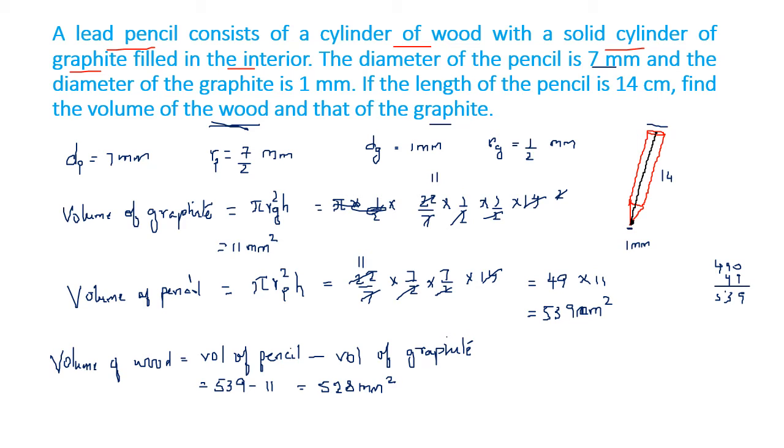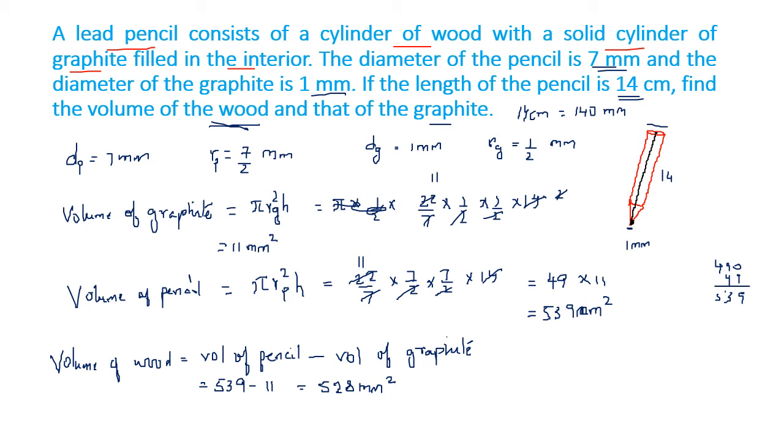Now, there is a minor error we have made, so let's rectify it. The diameter is in mm, but the height is in centimeter, which I did not convert to mm. So 14 centimeter is 140 millimeter.